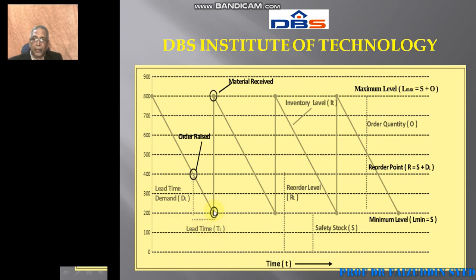So now we have the stock of again 800 tons. Again the same cycle goes through, and we are ordering 800 tons every time. The same cycle continues throughout the year. The point at 400 on the y-axis we call the reorder point, that is R = S + DL.